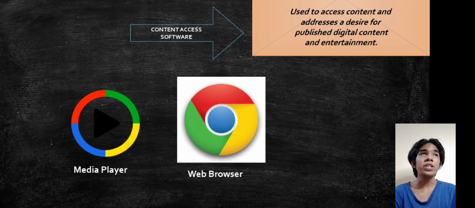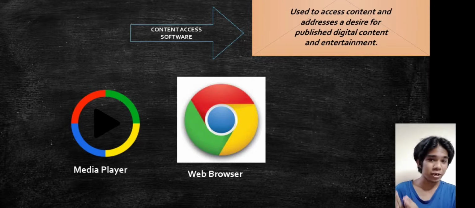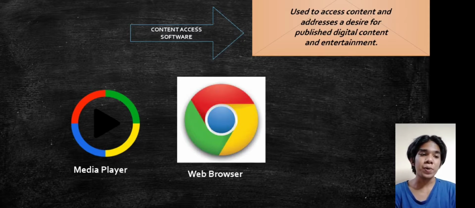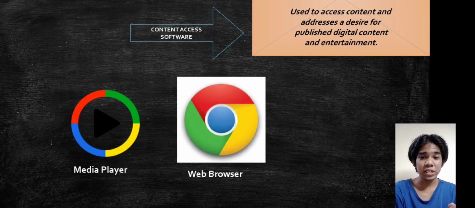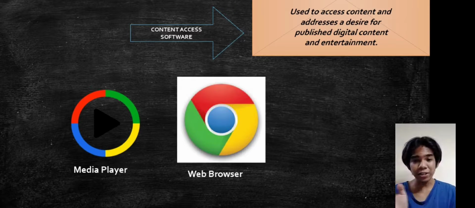For example, I want to create another content using a photo from Google Chrome, which is a type of web browser. But when you get into the website, you can't edit the photo right away. So you need another software to make that done. First you need to download the photo and use another software, which is a photo editor like Photoshop or Canva, that can open the photo so you can edit it and create another content.